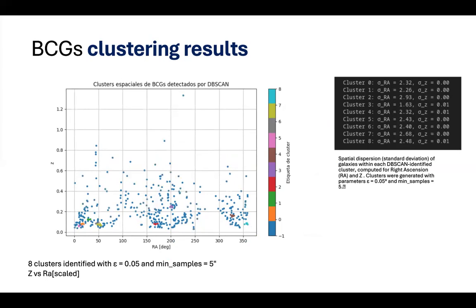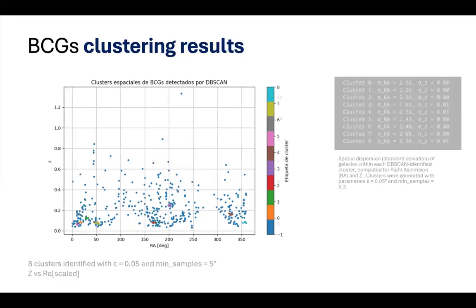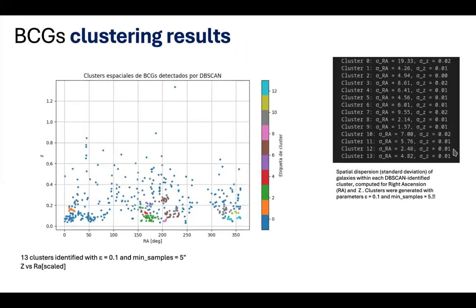The idea is to use these BCG clustering results to better understand the connection between simulations and observations, in the case of the large-scale structure of BCGs, and also to check the evolution of these same astrophysical objects. We also found certain clusters identified with epsilon 0.1 in this redshift versus right ascension plot.